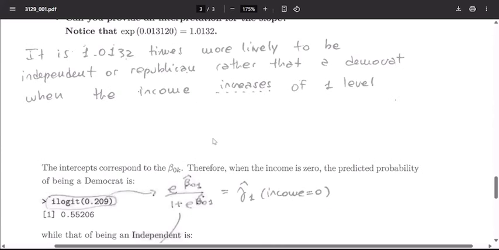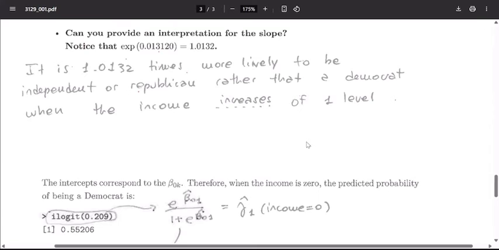And of course, I said it is 1.0132 times more likely to be independent or Republican rather than a Democrat when the income increases by 1. That is how to interpret the slope.